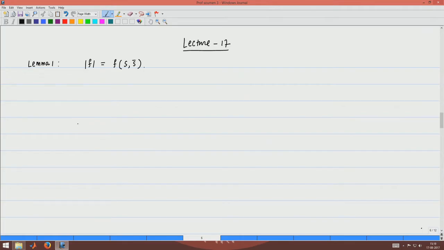Okay. So, next we prove another lemma, lemma 2. Let f be any flow and let (S, S complement) be any s-t cut.